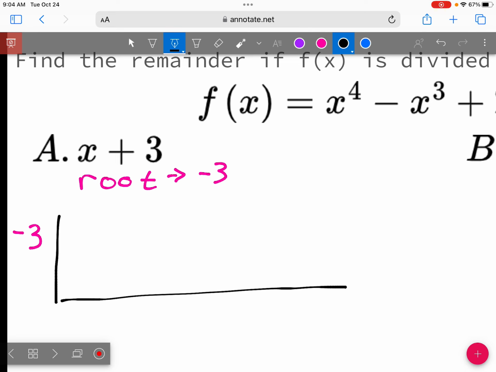And then what are our coefficients as we go across? 1, -1, 2, -4, and -8. So it's our coefficients as we go across.